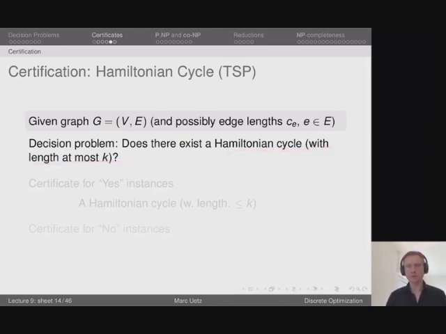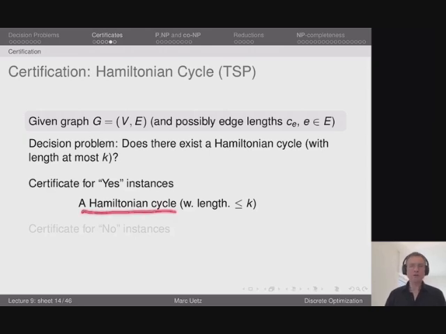That would be the traveling salesman problem. And once again, the certification for yes instances is simple, by just giving me the corresponding Hamilton cycle, and I can verify efficiently that this is indeed a Hamilton cycle. And I can also compute its length if the edges have lengths.